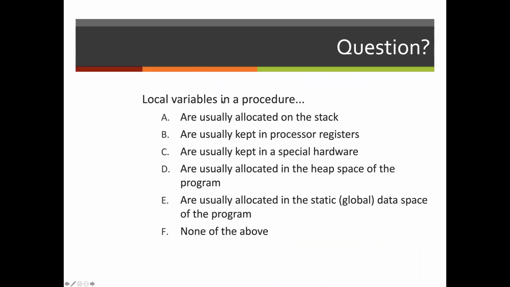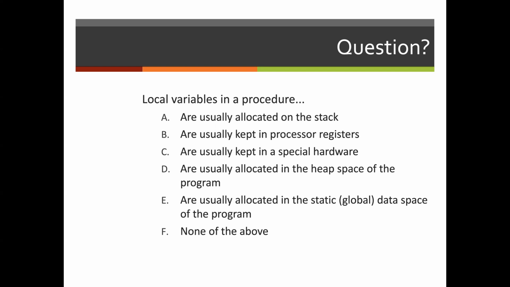And so now we want to consider where local variables in a procedure are generally stored or allocated. We have a number of different options available for us to consider. Are the local variables usually allocated on the stack?